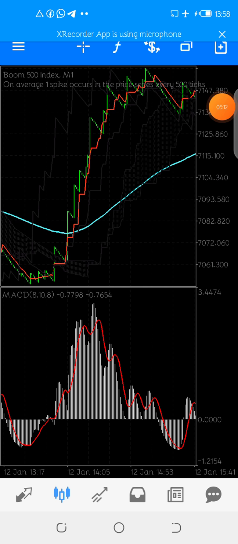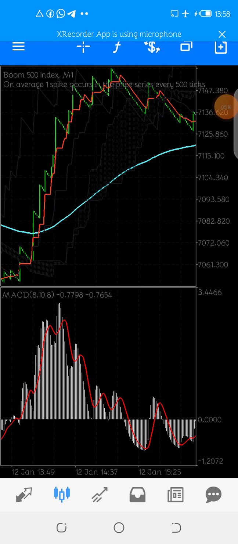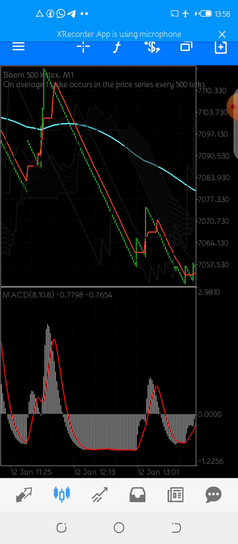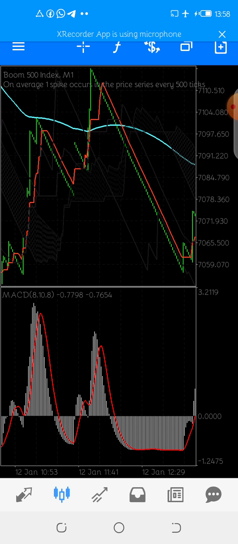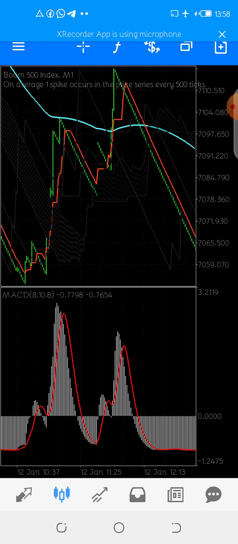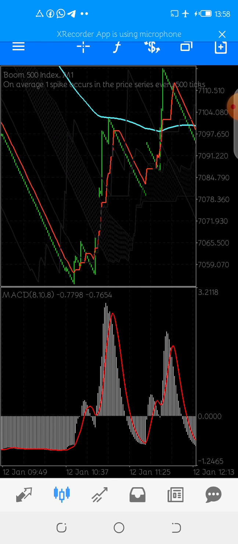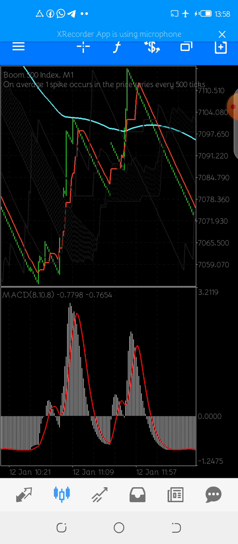Okay, so please note again, the strategy applies exactly like for the PC, but I've only added the moving average 200 to help us with the trend. And sometimes you find that you may not be far from the moving average 200. Like check here.